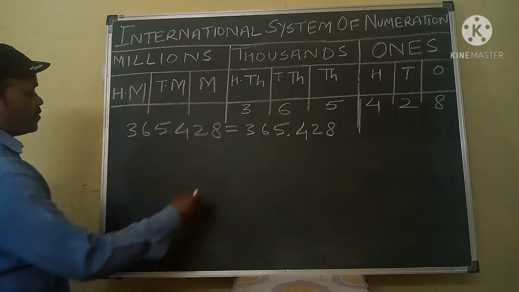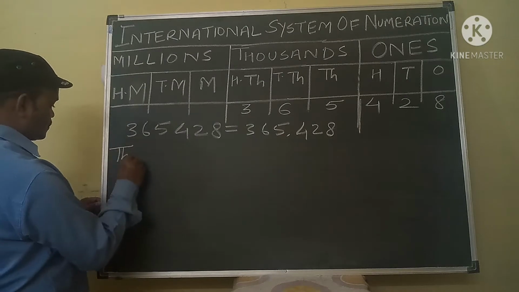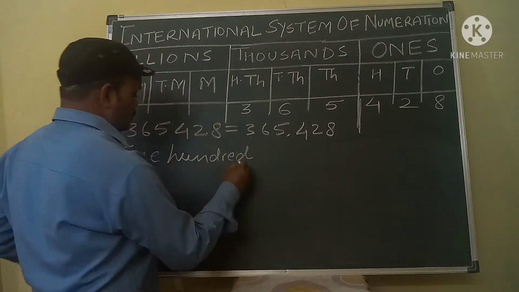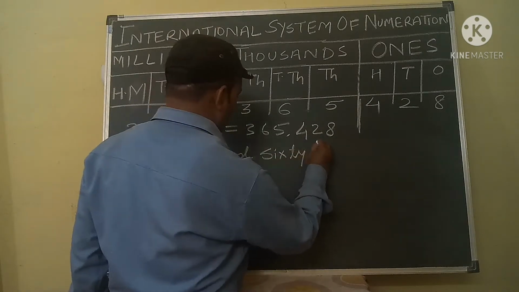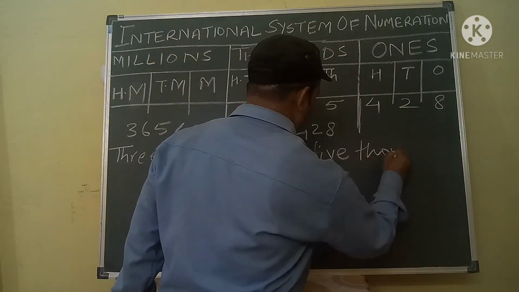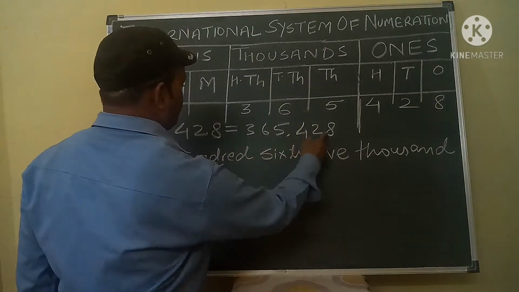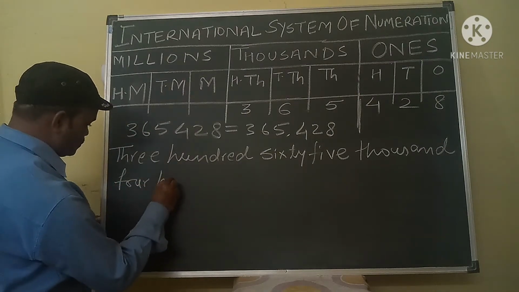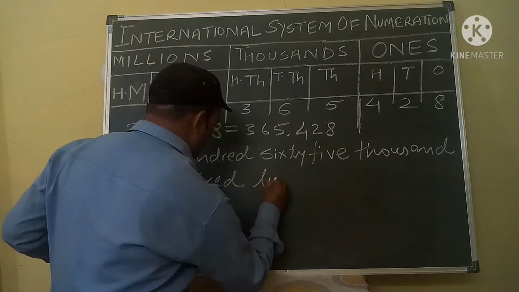Now look here, this number we can write 365, 365,000, 365,400, 428.